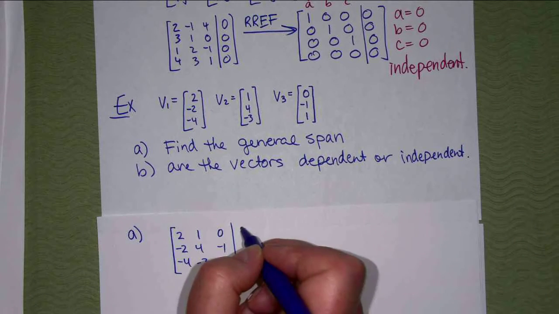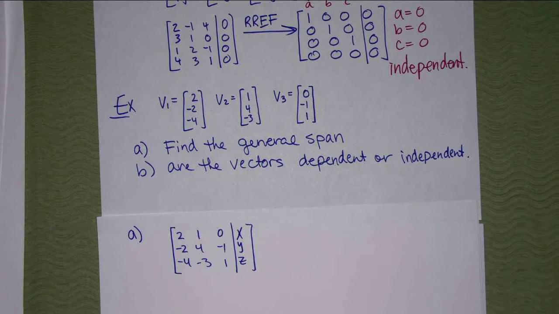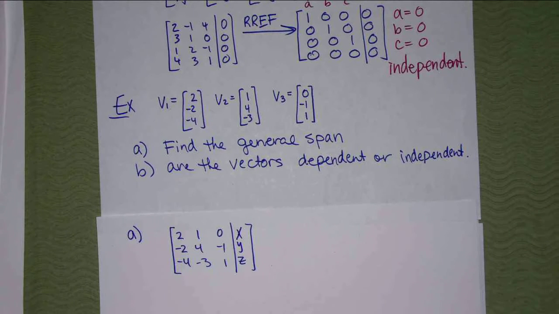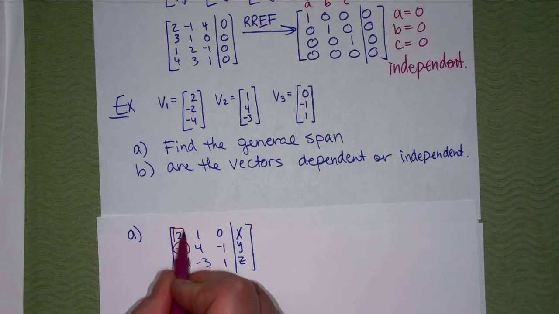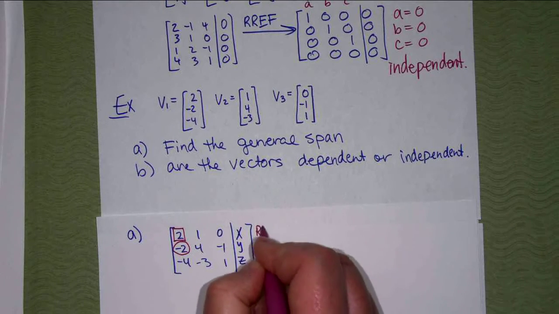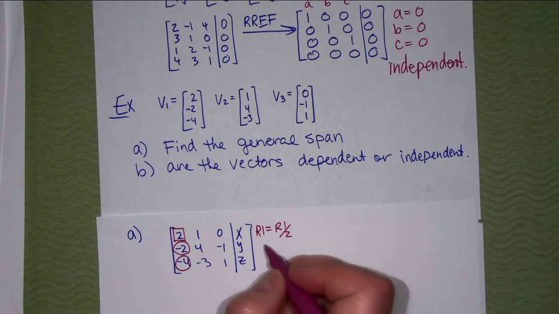So you would set up the system with just a general vector like x, y, z. And just like those other ones where we were solving it at the end of the last section with the A, B, C, the same idea. But you're actually going to write out the type of vectors or write out the solution once we solve it. So if we reduce this, make that a 1. I'm just going to do it quickly.